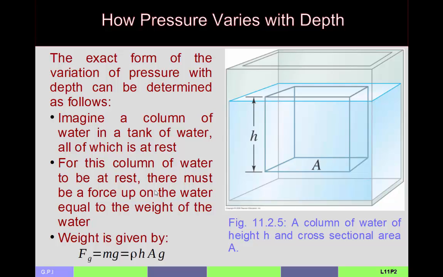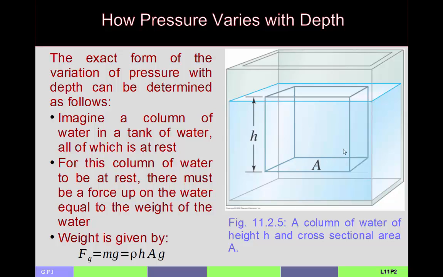So how does pressure vary with depth? Specifically, if you have a unit of fluid, say in this smaller box that has a height h and a cross-sectional area A, then there is a volume A times h of water in here, or of other fluid.